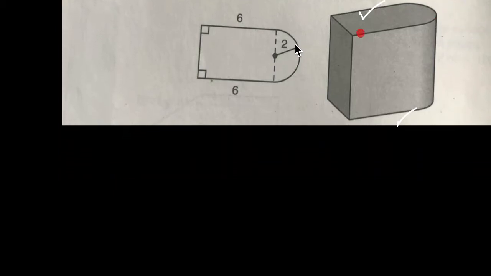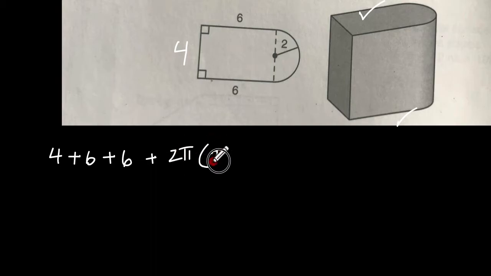Okay, so first thing I'm going to do is find the area of this. This side's going to be 4, 2 and 2. So let's add this up. We get 4 plus 6 plus 6 plus 2 pi times r, which is 2 divided by 2. We add all these up. We're going to get 12 plus 4 is 16, plus these cross out.